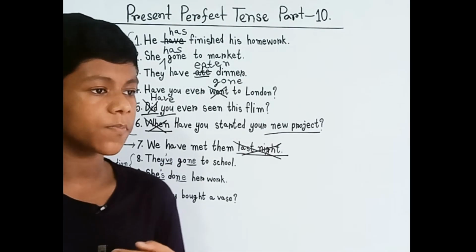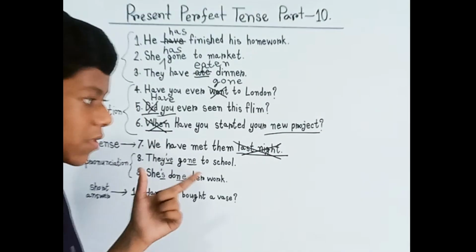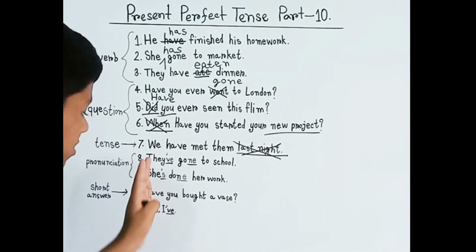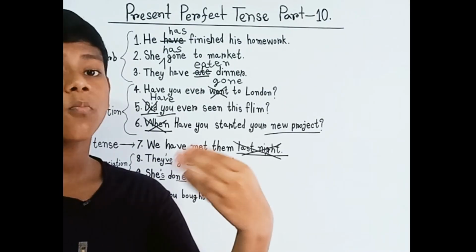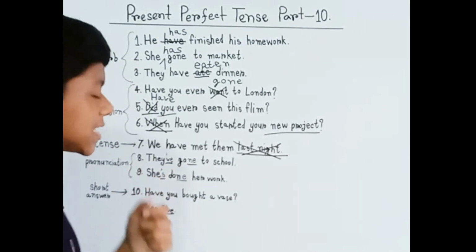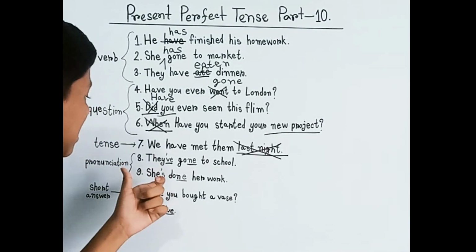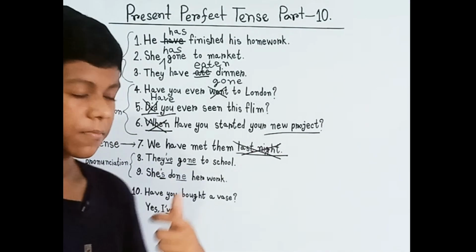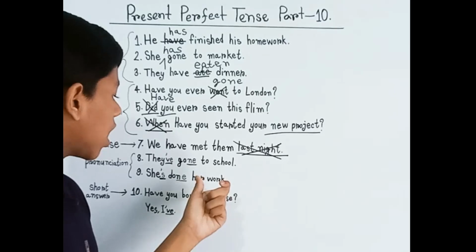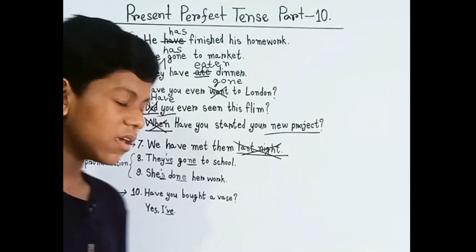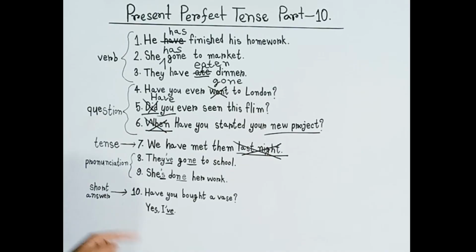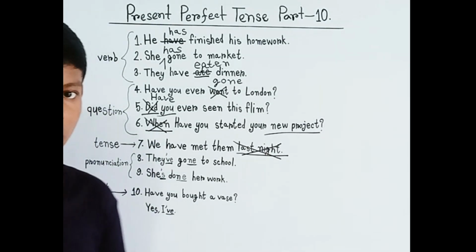Sometimes that person can catch your grammar mistakes, but it isn't your grammar mistake, it is your pronunciation mistake. So at that time you have to say it like this: "She's done her work." Okay, so here we have already understood the pronunciation, and then we can jump to the short answer.